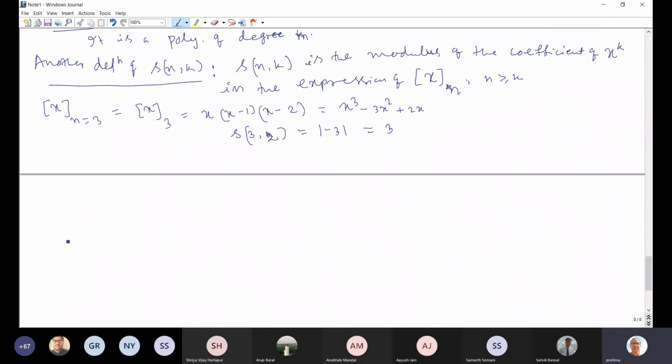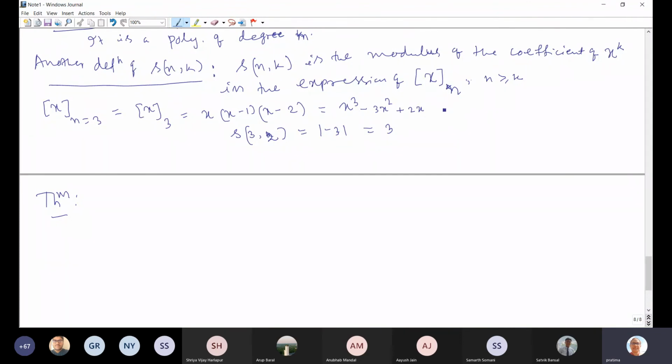Finally, I will write down the relation between the first kind and the second kind. The first kind we obtained as the coefficient of x to the power k in the falling factorial of x^n. This is another result I will just write down, not prove, as the proof involves a lot of logic and we don't have that much time.